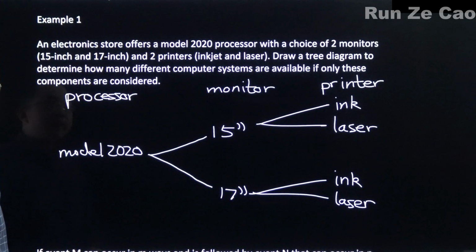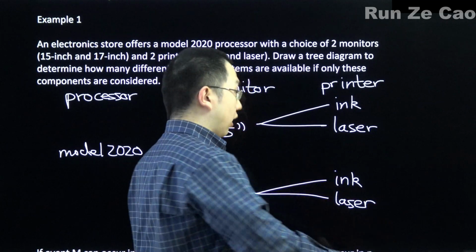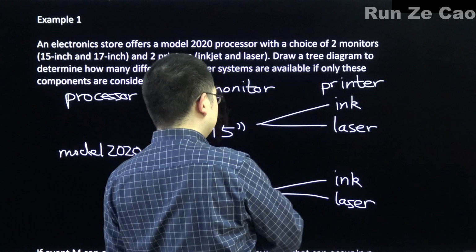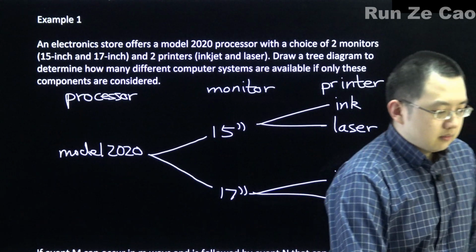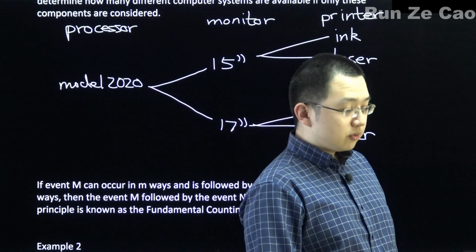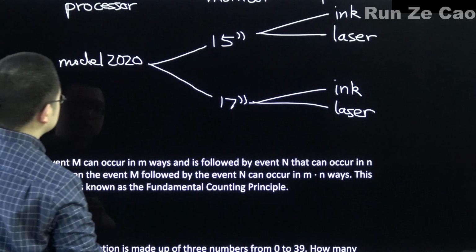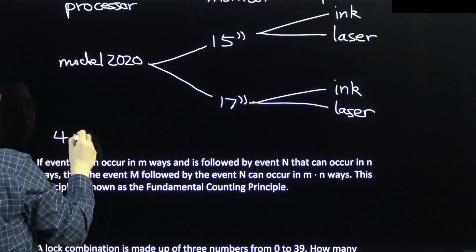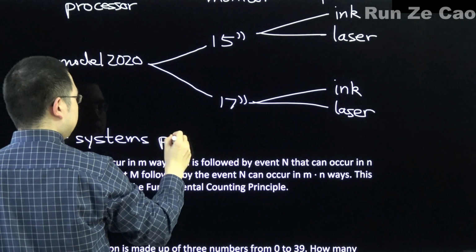So, this shows that 4 different systems are possible because in the end it's 15-inch ink, 15-inch laser, 17-inch ink, 17-inch laser. Well, I mean, yes, you could also put Model 2020 in front of each of those, but I kind of abbreviated. Okay, so 4 systems possible.